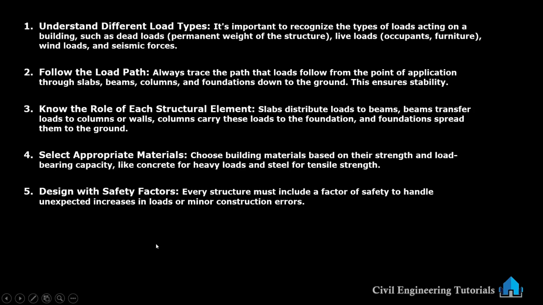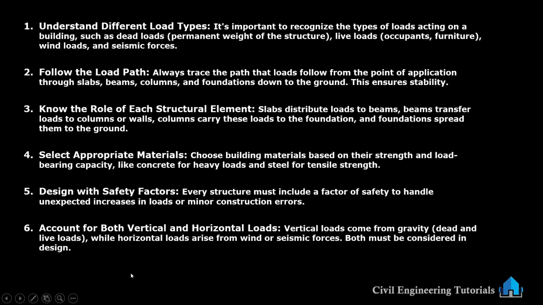Every structure must include a factor of safety to handle unexpected increases in load or minor construction errors. Account for both vertical and horizontal loads. Vertical loads come from gravity, dead load, and live loads, while horizontal loads arise from wind or seismic forces. Both must be considered in design.